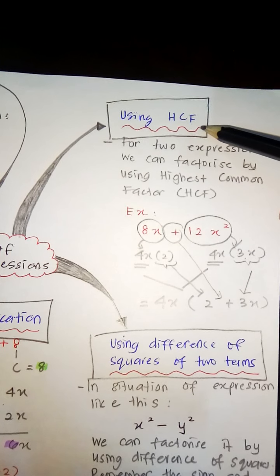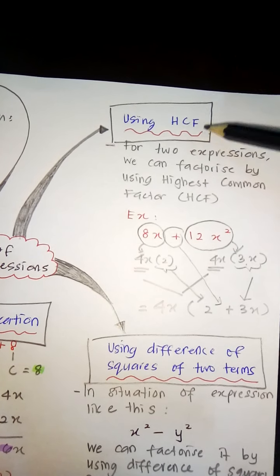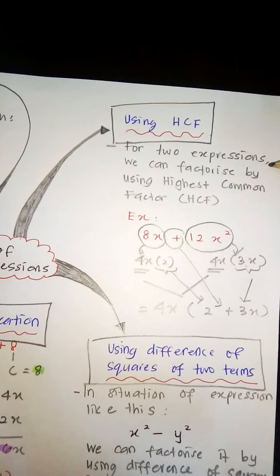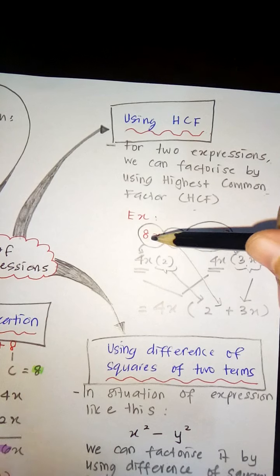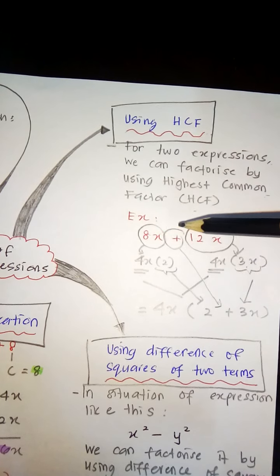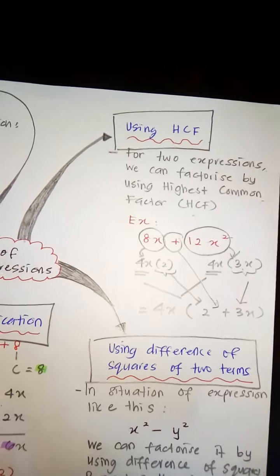So if you are given a question of 2 expressions, we can factorize it by using the highest common factor. For example, the question is 8x plus 12x squared. Okay, so I'm going to show you how to do it.